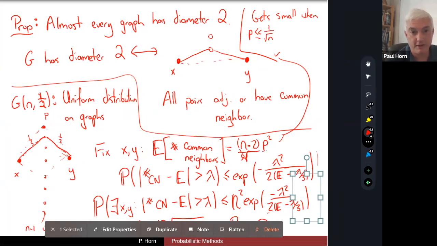Then I go through these phases of diameter 2, diameter 3, diameter 4. And even if I take p to be very small, I can still understand the diameter and distances in random graphs very well. So random graphs have really a kind of small world phenomenon. If I have a random graph that's connected, its diameter is quite small.